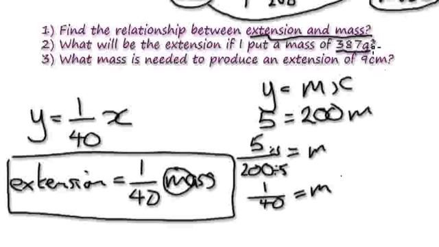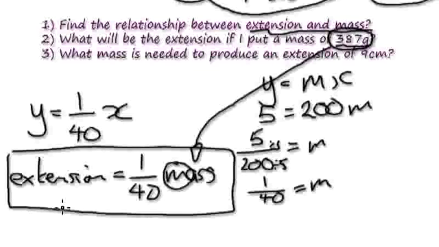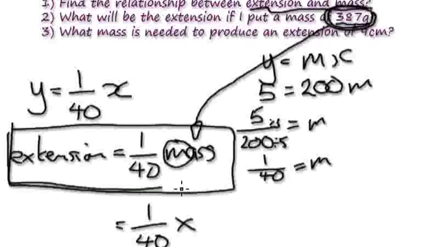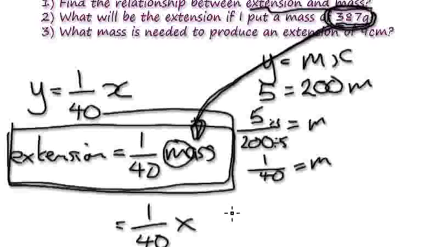Once you've got the relationship, you can just put the mass into the formula. So it will be 1 over 40 times 387.